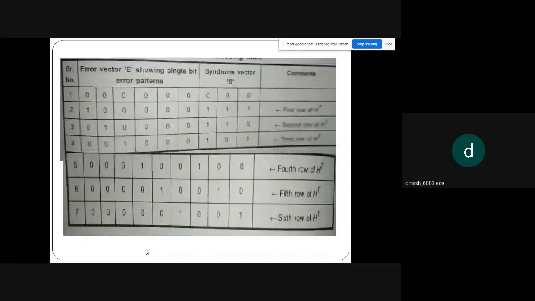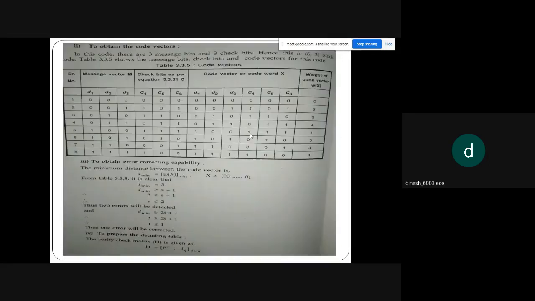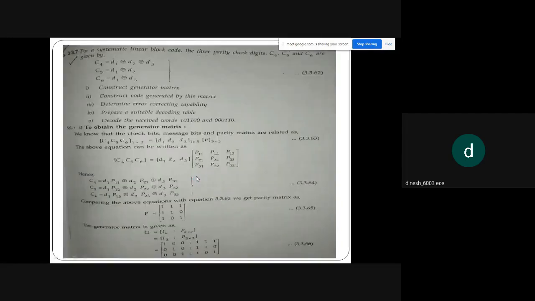So this parity check matrix can be obtained from this P matrix. P is 111, 110, 101.